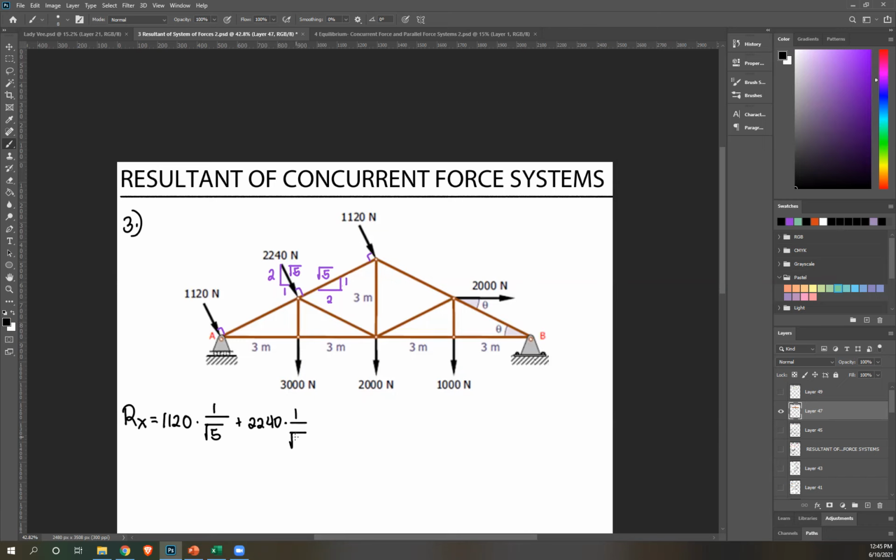So that's still 1 over square root of 5. Same thing here, it's to the right, so positive 1120 times 1 over square root of 5. These three don't have horizontal components, so ignoring that, and this is directly horizontal, so plus 2000. That's all the forces. Please solve what's Rx.